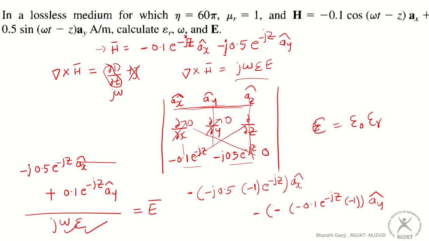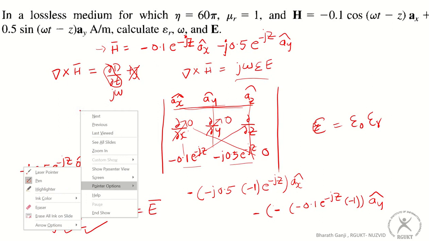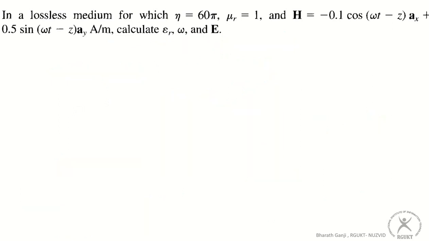The other way to solve this problem is to simply start with your phasor form. H bar is equal to minus 0.1 e^(-jz) a_x cap, and minus j 0.5 e^(-jz) a_y cap.